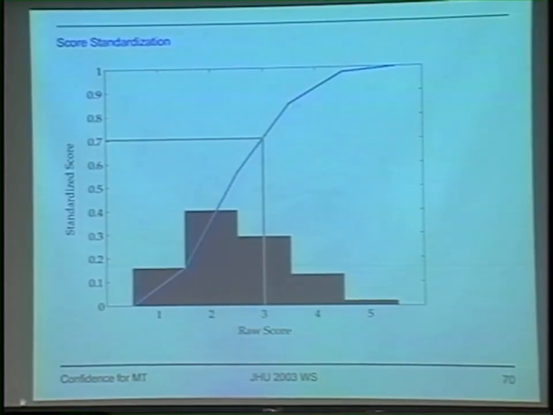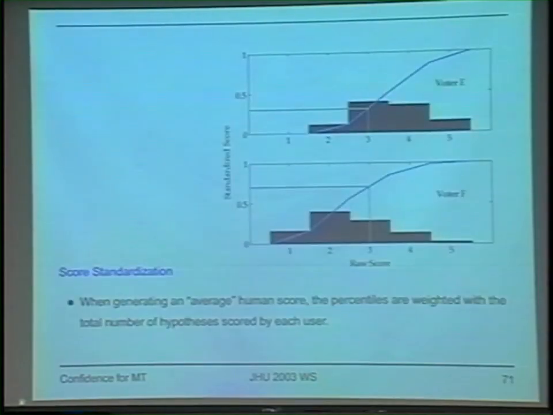I think this is fairly clear. The computer improvised a new layout for this slide, but you get the idea. As you can see, the 3 for voter E is around 0.3, whereas a 3 for voter F is around 0.7. So it's taking into account these discrepancies.